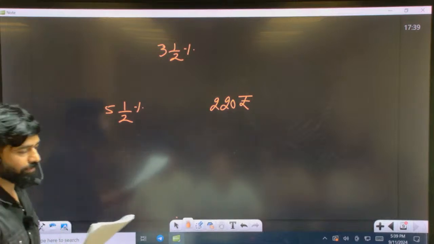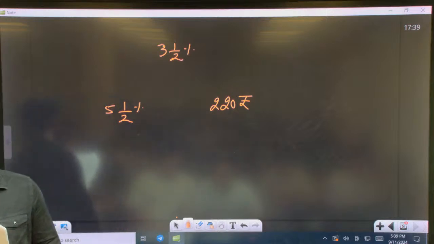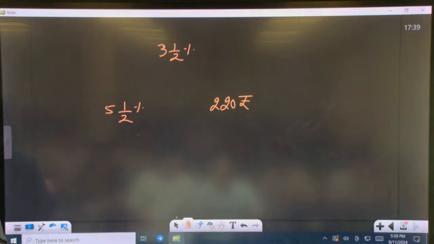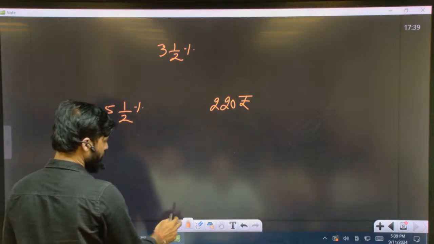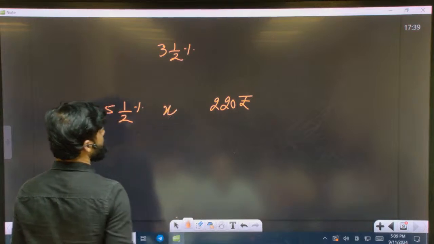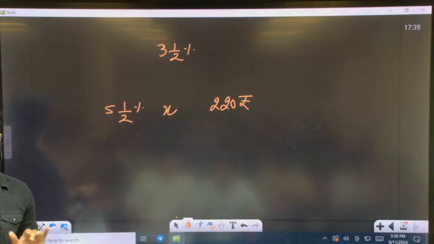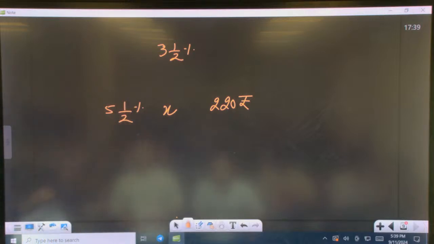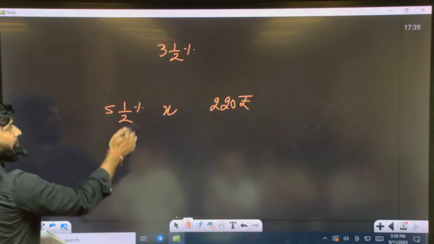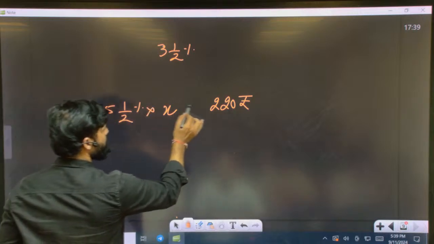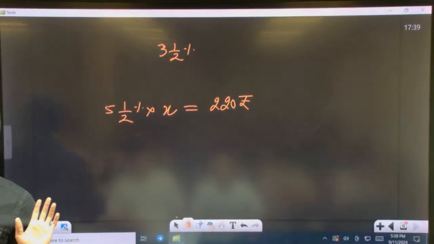A boy who was asked to find 3.5 percentage of a sum of money misread the question and found 5.5 percentage of it. Let the sum be x. So he was told to find 3.5 percentage of x, but mistakenly he found 5.5 percentage of x, and his answer is 220. Any problem in this?